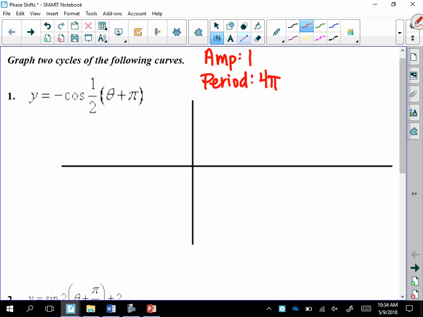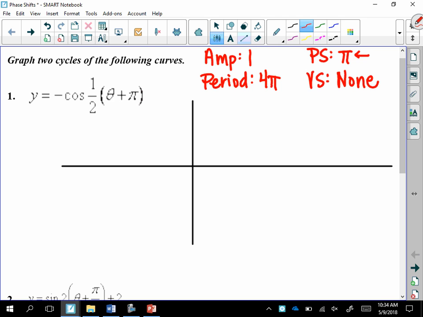In this case, b is 1/2, so 2 pi divided by 1/2 would become 4 pi. What's the phase shift? All right, pi units to the left. And then is there a vertical shift? Okay.